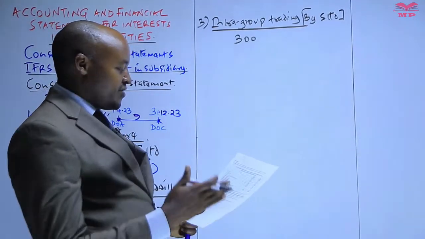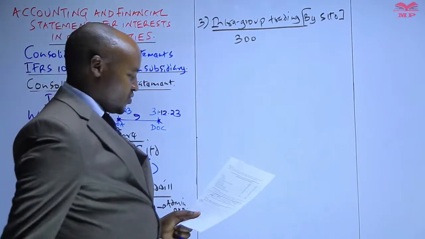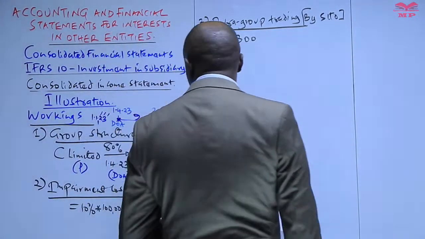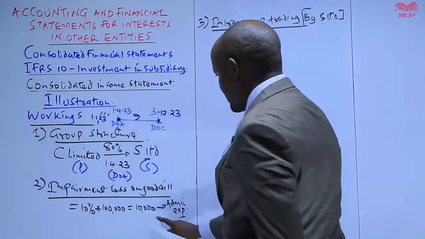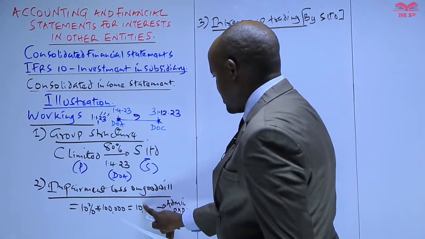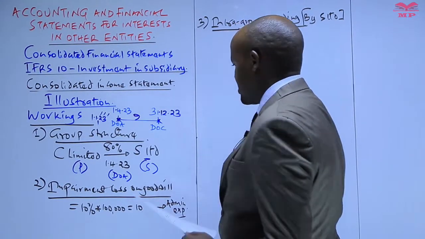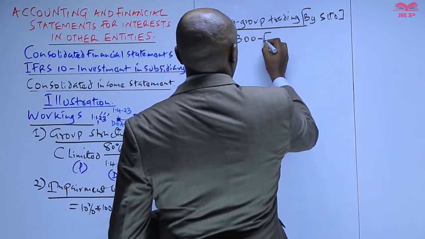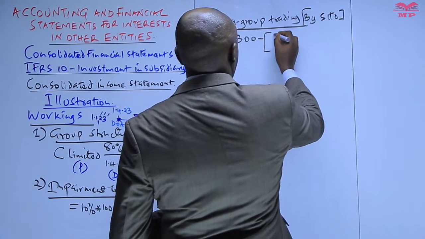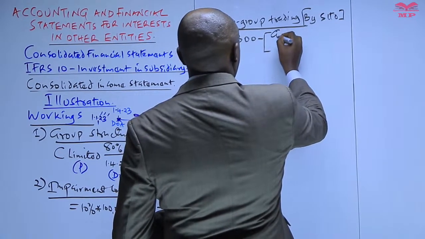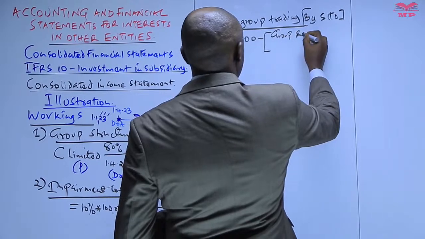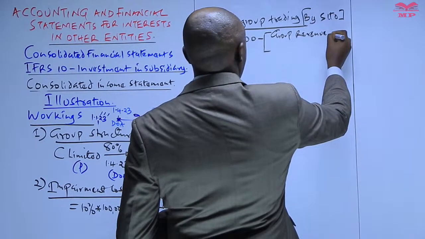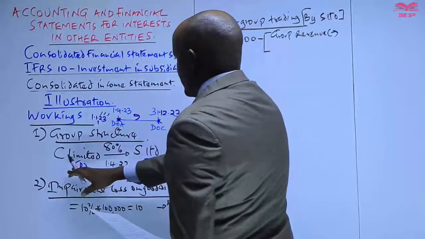So when taking any figure from the additional information, also recall to omit the last 3 zeros. And in fact, this will also apply here. That figure, we're going to take it as 300. So this particular amount of intragroup trading, from what we have discussed in our previous session, this one we are going to deduct from the group revenue, once we add the revenue of the parent and the subsidiary.